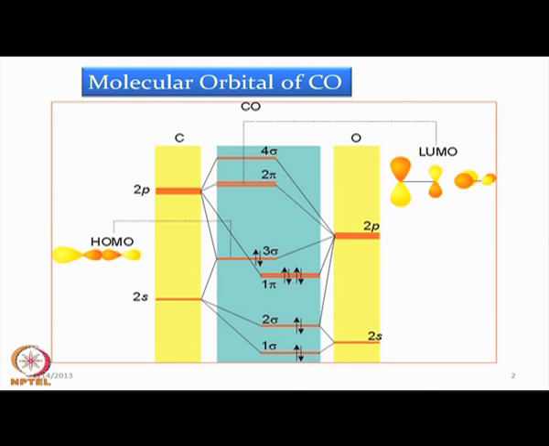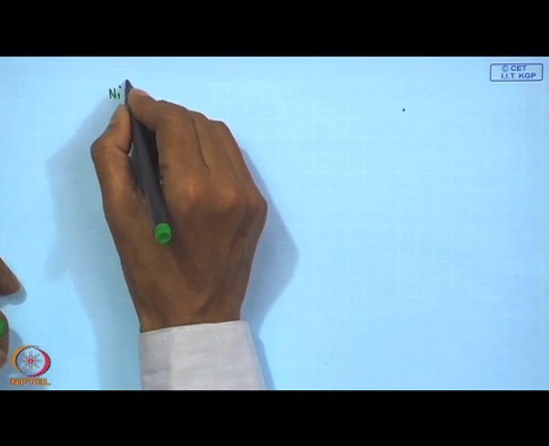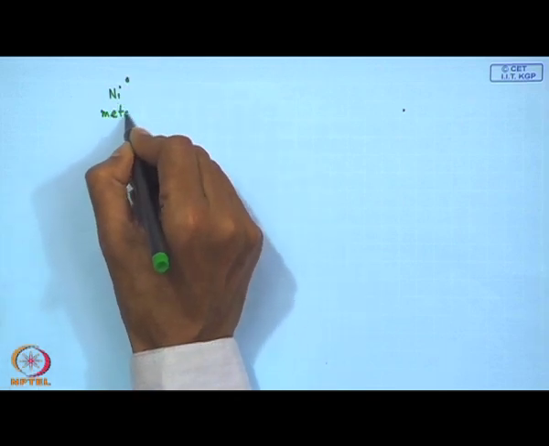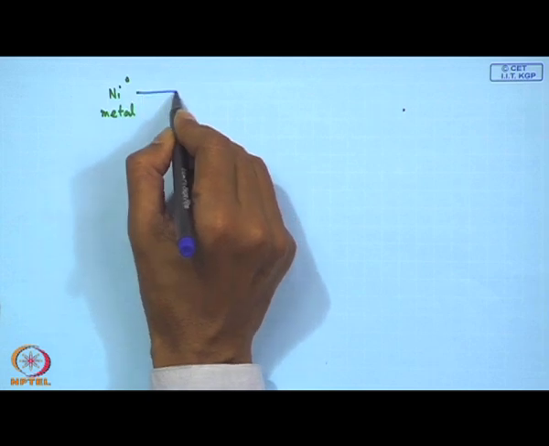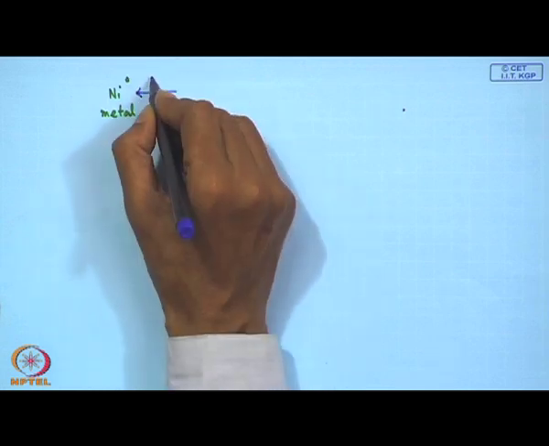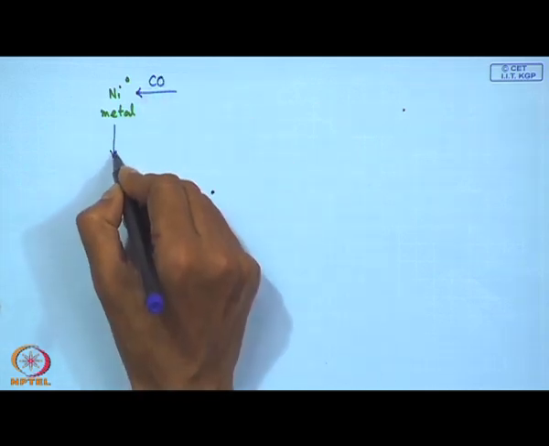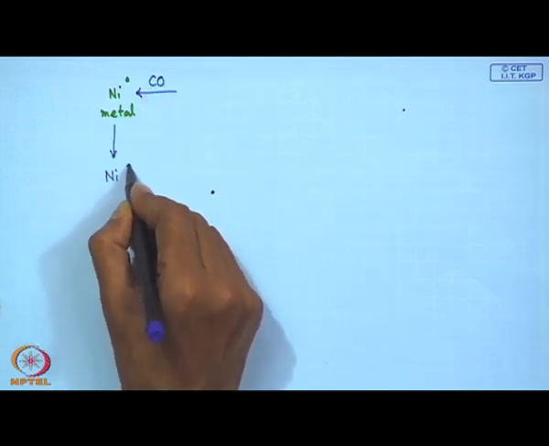This metal ion we are talking about is nothing but the metal in 0 oxidation state, because we know that nickel forms in 0 oxidation state. That means the nickel is in metallic form, and we all know that if we have finely ground or finely powdered nickel in our hand and pass carbon monoxide gas over it, we will be able to produce the complex through the Mond process.